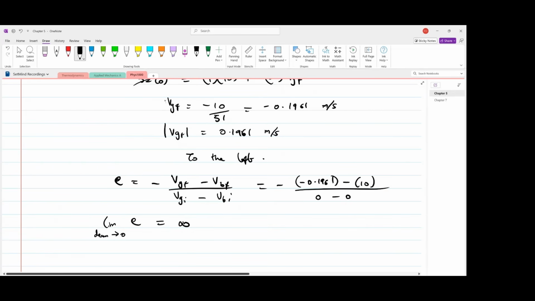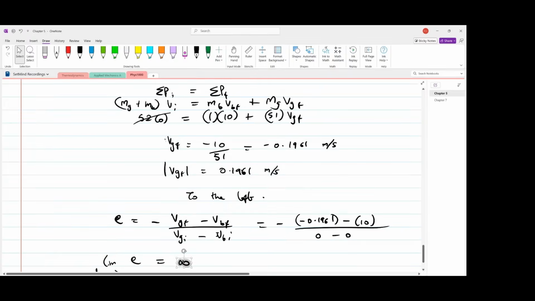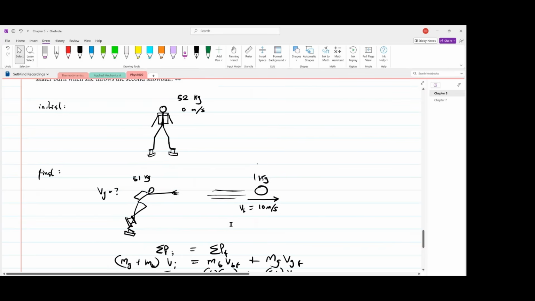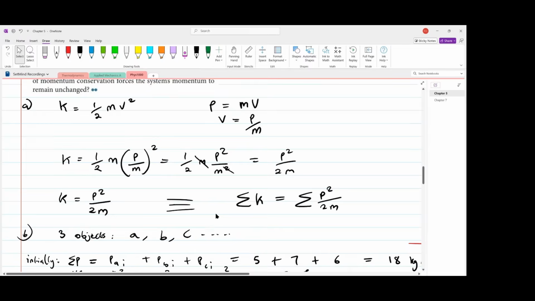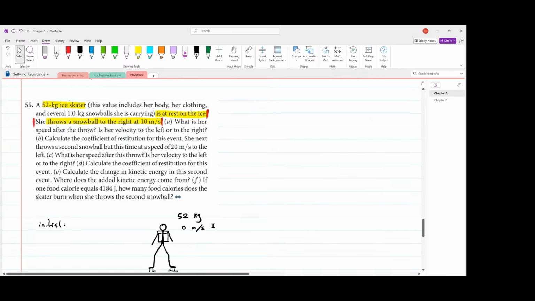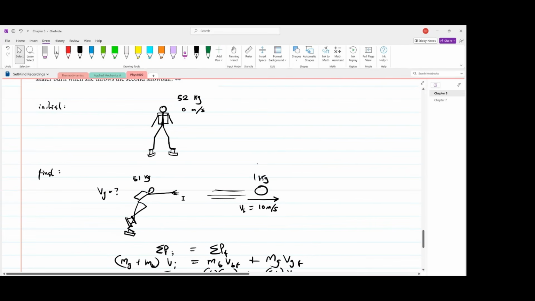It is always going to be like this if it starts from rest, because your bottom is going to be 0. This is something you should have been able to see from the start. You didn't have to say that it was infinity, but you'd have been able to see that it is greater than 1, because this is an explosive interaction, meaning they are separating from each other.